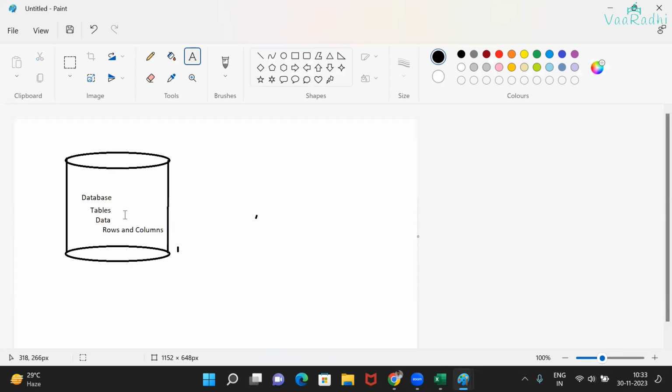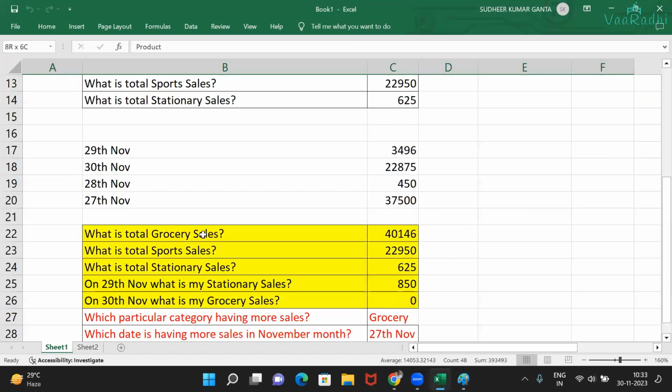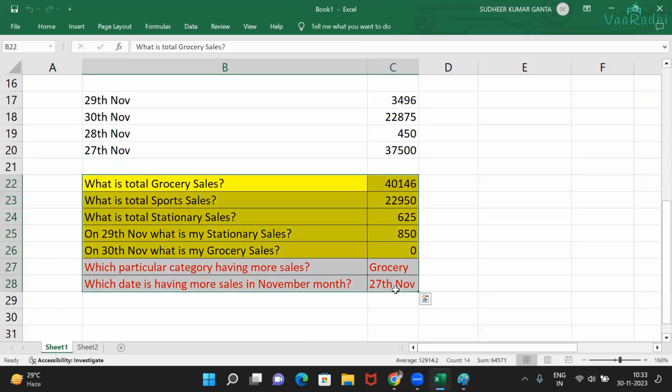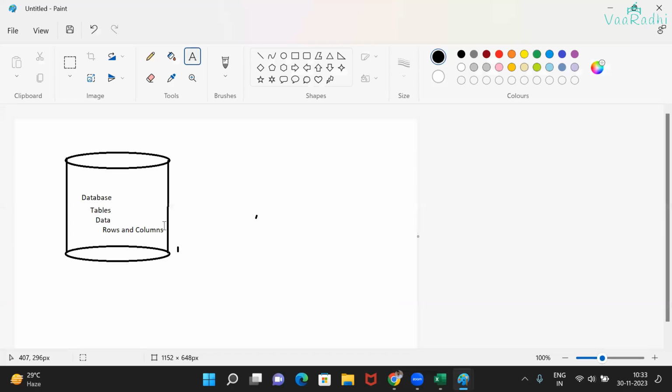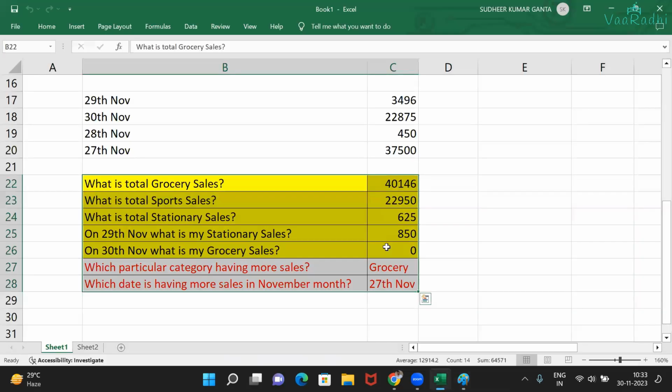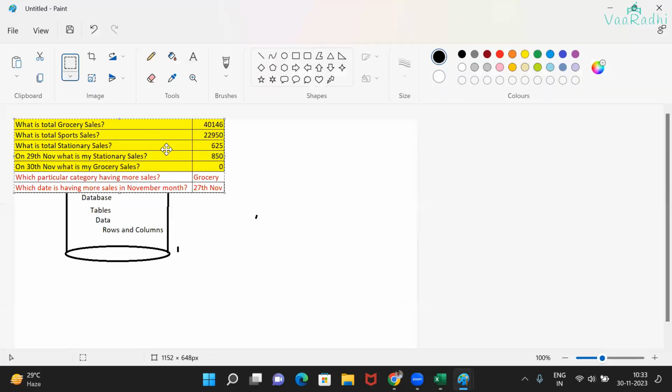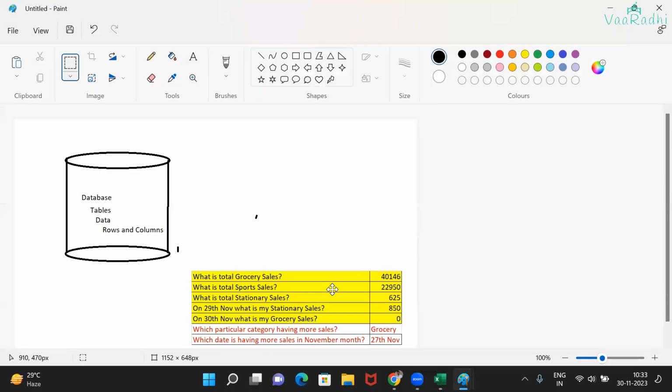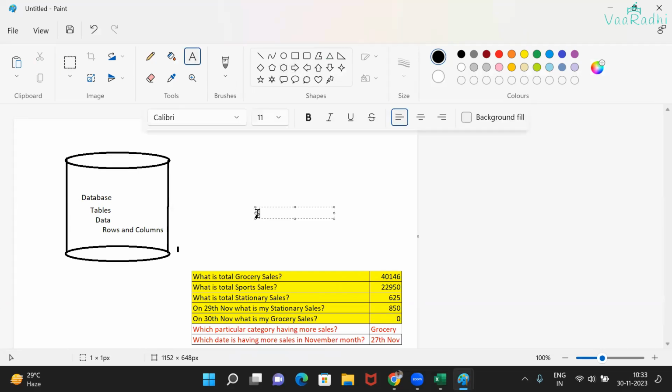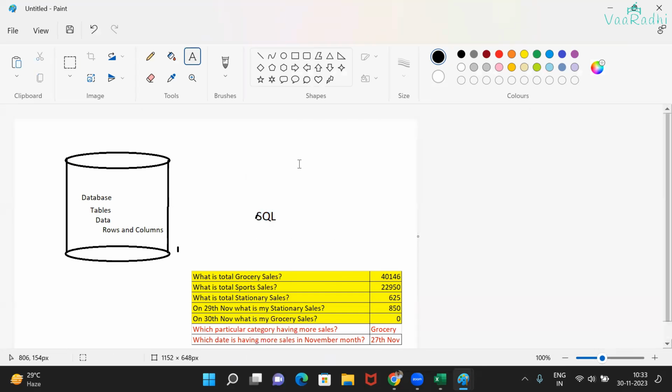On this data, to get answers to our analytical questions, we can analyze that data and achieve our answers using SQL. These are my analytical questions. Using a language called SQL, I can achieve all these answers.